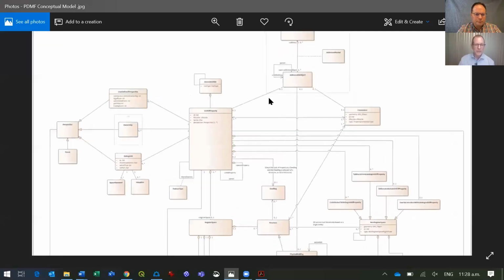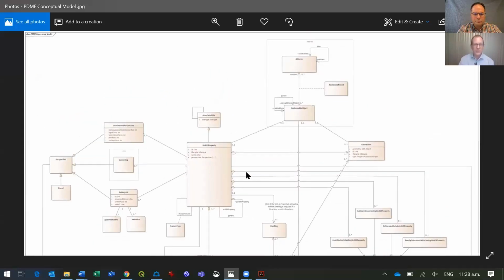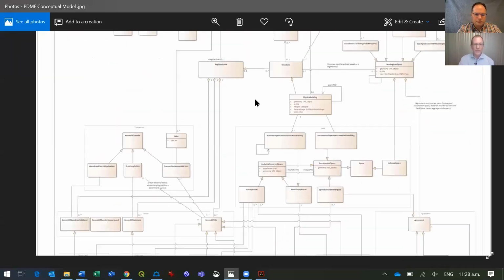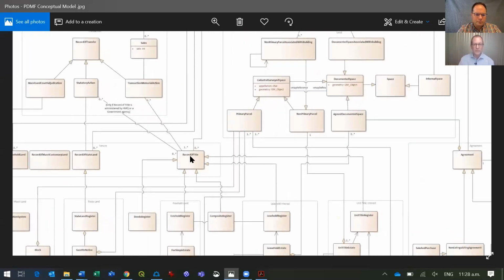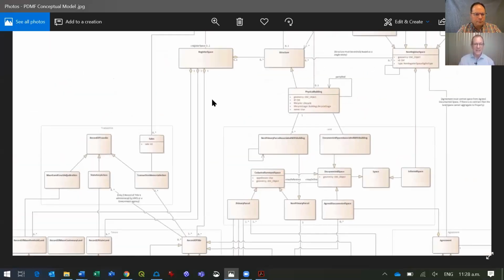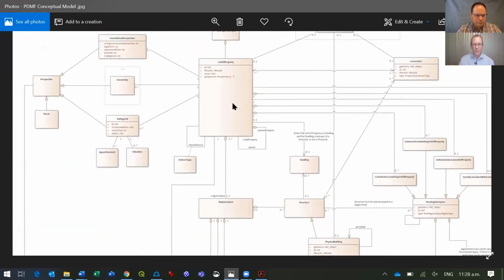So when you see something in here that says address or record of title, we're not talking about the data set. We're talking about the individual records in that data set that we link together to form a package of data about a property. There's no intent at this stage for all of this data to be put into one big warehouse and be maintained centrally. The idea here is that it's a relationship model.